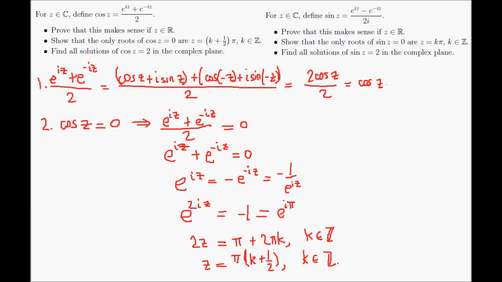And so that is the proof that even in the complex plane, the only place where cosine of z is equal to 0 is at the odd half multiples of pi.